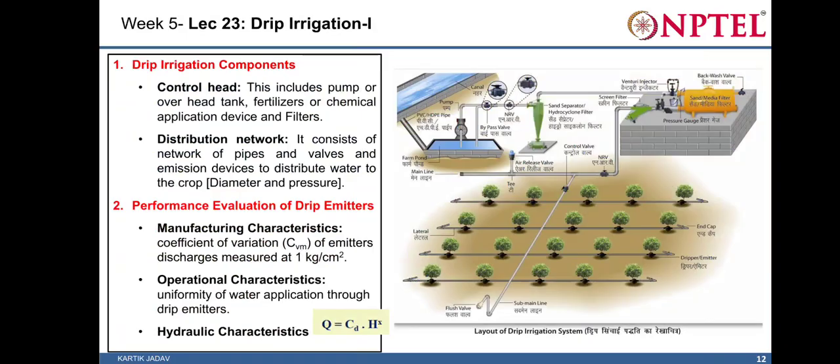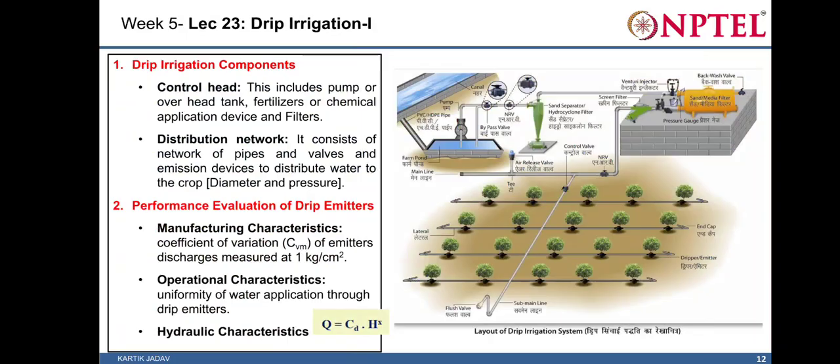Then we focus on the drip irrigation system. In a drip irrigation system, there are two major components. One is a control head and the second one is a distribution network. The control head includes the pump or overhead tank, fertilizer or chemical application device, and filters.